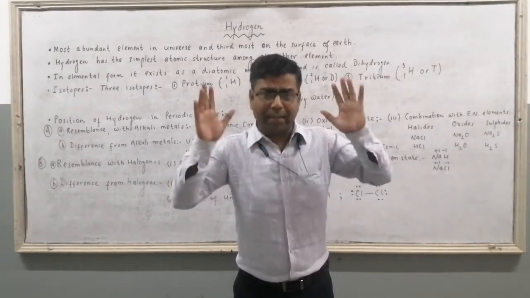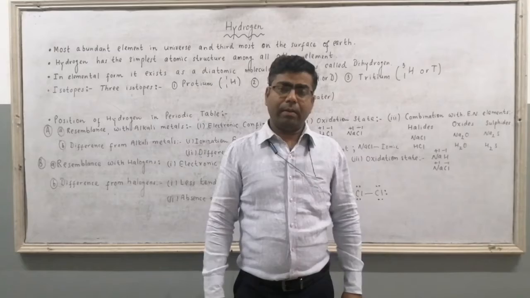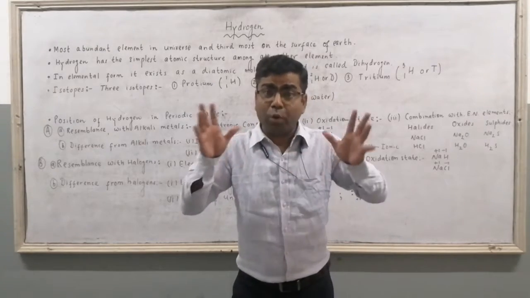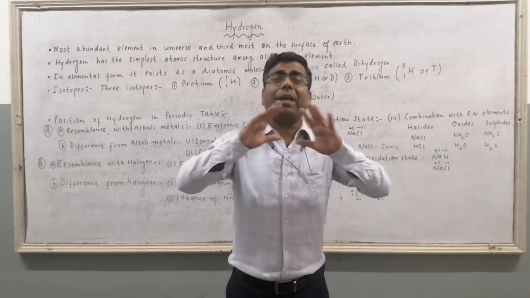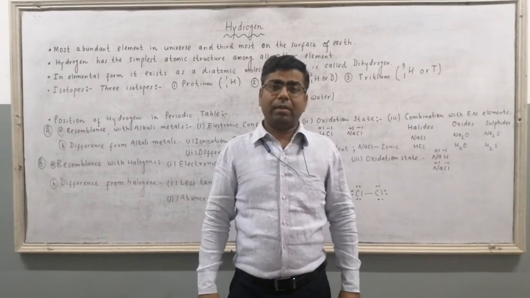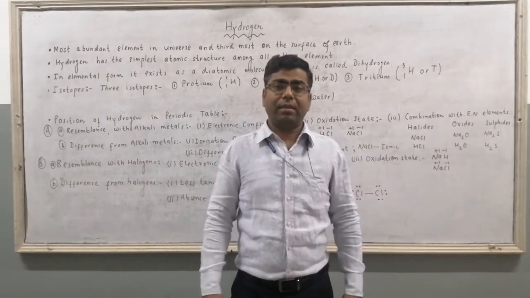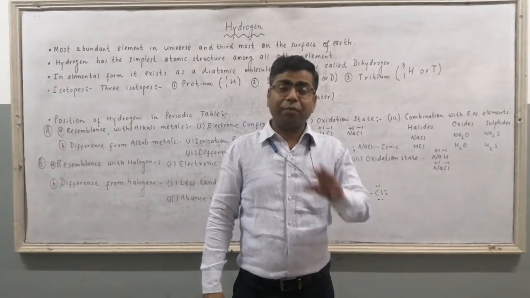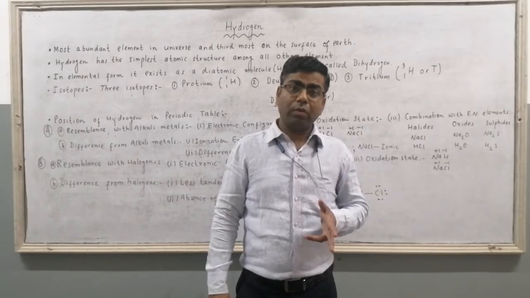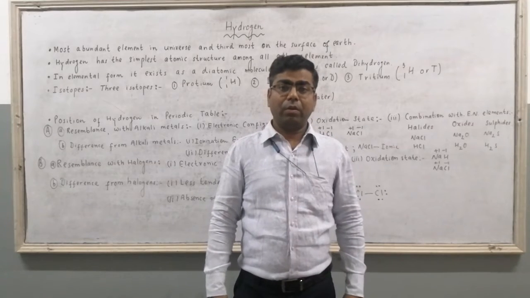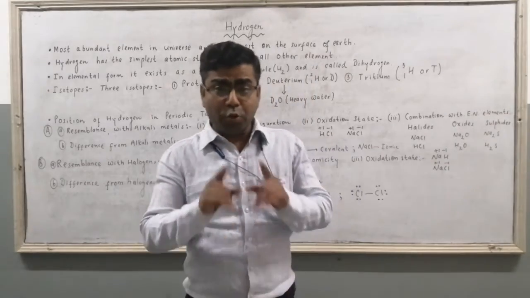So there are few elements from where if atoms are taken, then all the atoms are not similar, all the atoms are not identical. There are some differences, and this differences is due to different mass number.